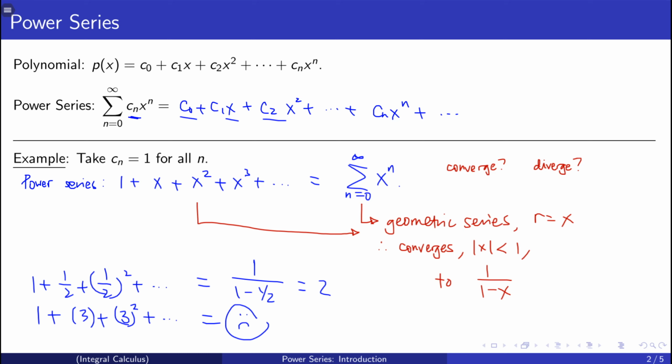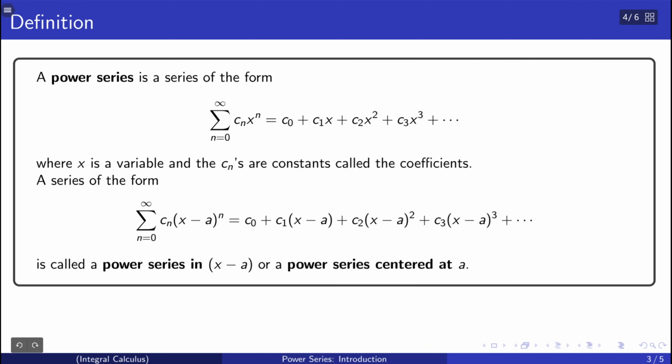So I'm just going to state here the formal definition, the definition in the textbook. A power series is a series of the following form: a sum involving powers of x, where for each power of x, you associate a number c sub n called the coefficient.